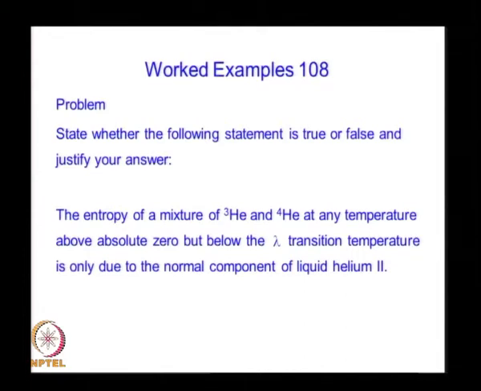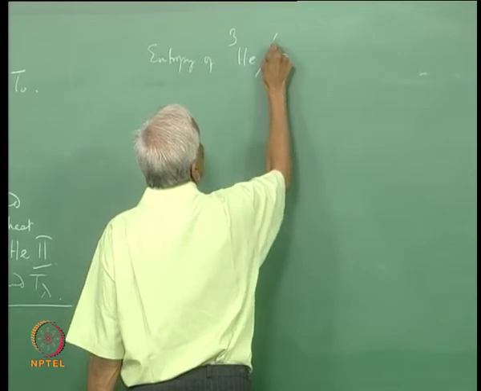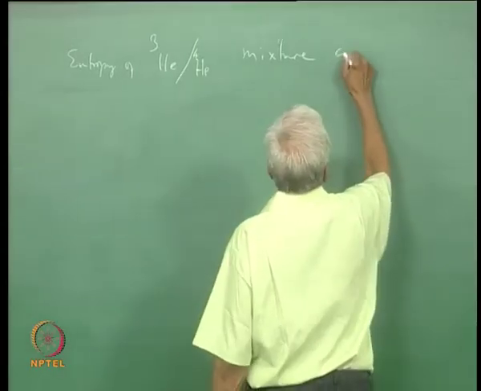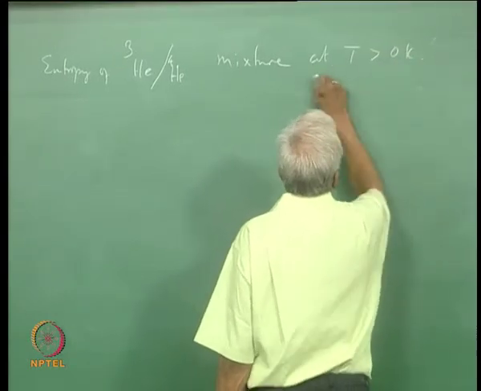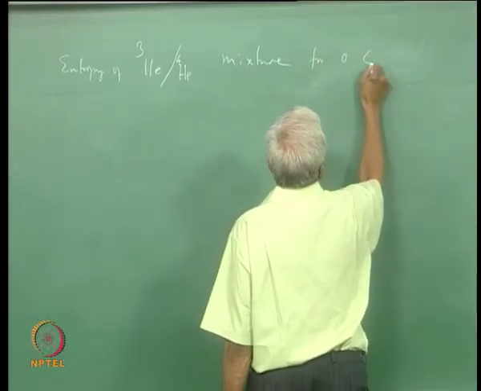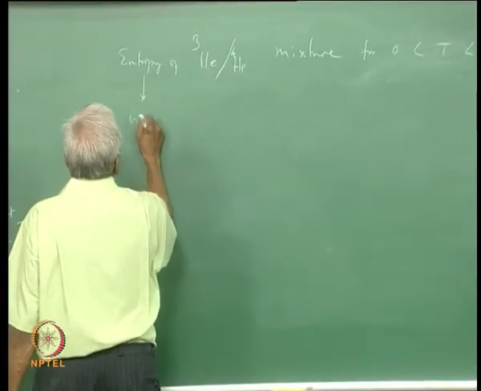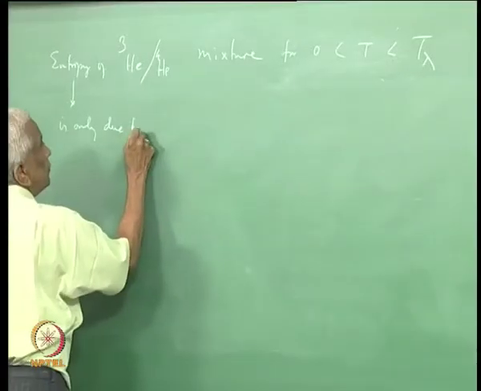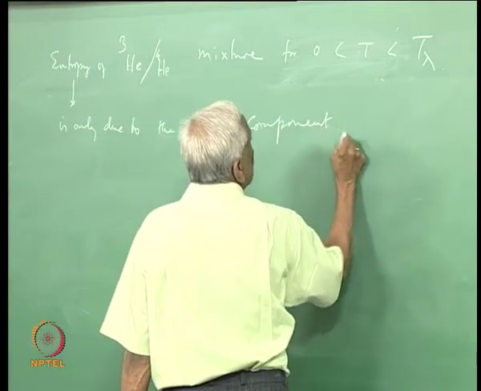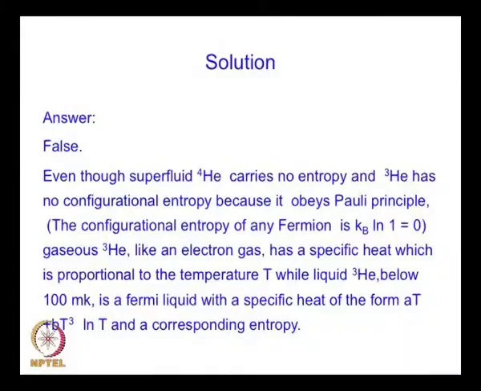The entropy of a helium-3, helium-4 mixture at T greater than 0 K, but well, we can write it as for 0 less than T less than T lambda, is only the entropy of the normal component of liquid helium-4. This is the statement.